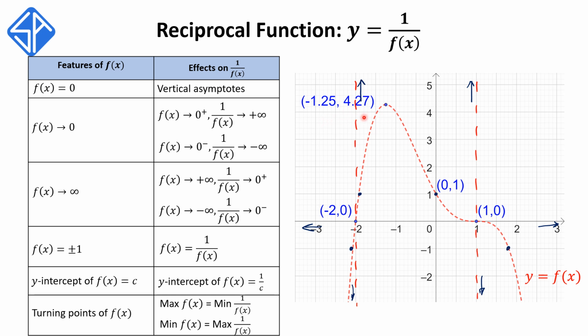So the reciprocal will have a minimum turning point, and the coordinates are going to be at -1.25 and 0.23. So it's going to be somewhere about here. So let's mark that in: negative 1.25 and 0.23. That's the reciprocal of 4.27.